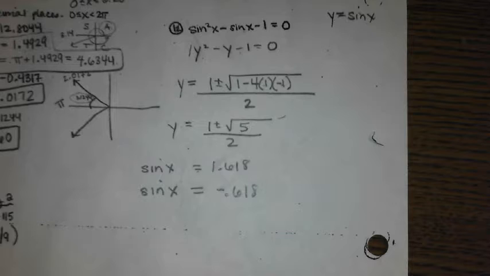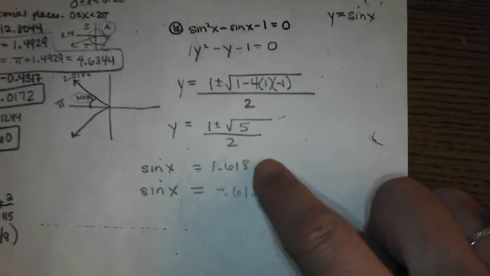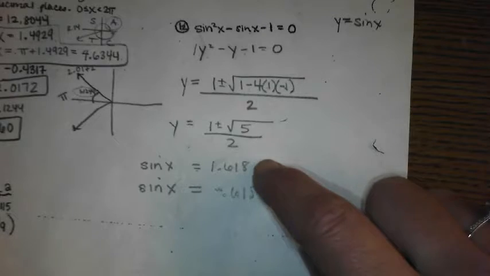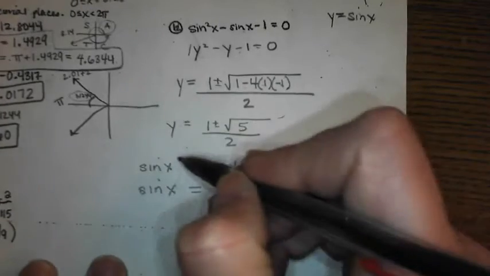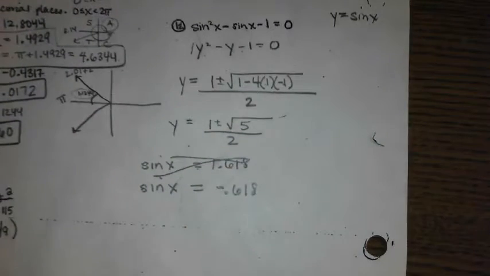Which equation do we like better? Why, Connor? Right, your sine of any angle will never be greater than 1. So actually, I like this one better because I can just cross it out.